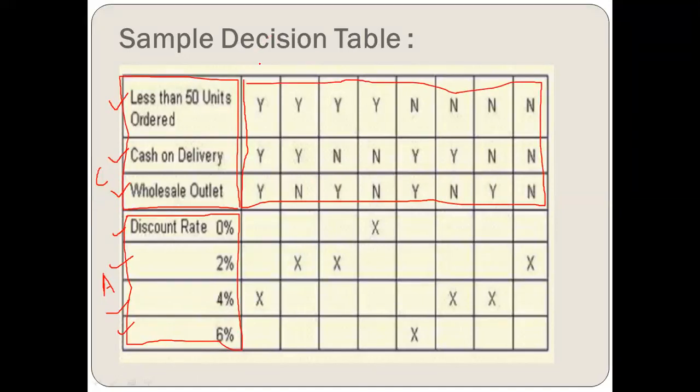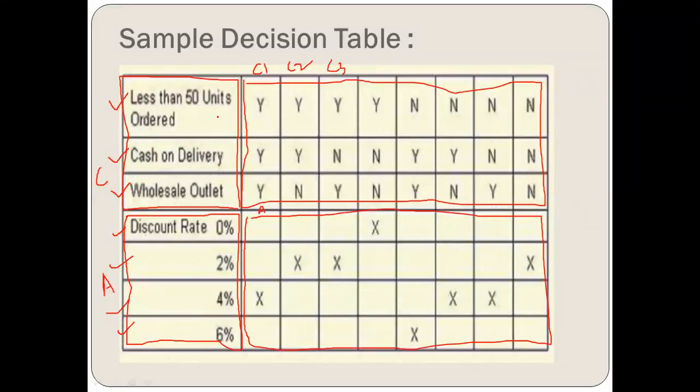This is first entry, this is second entry, this is third entry, and so on and so forth. And this is the 4th quadrant, termed as action entries. Action entries mean that according to C1, that is condition 1, what action has to be taken. So this is action entry. So this is how the decision table is divided into 4 quadrants.